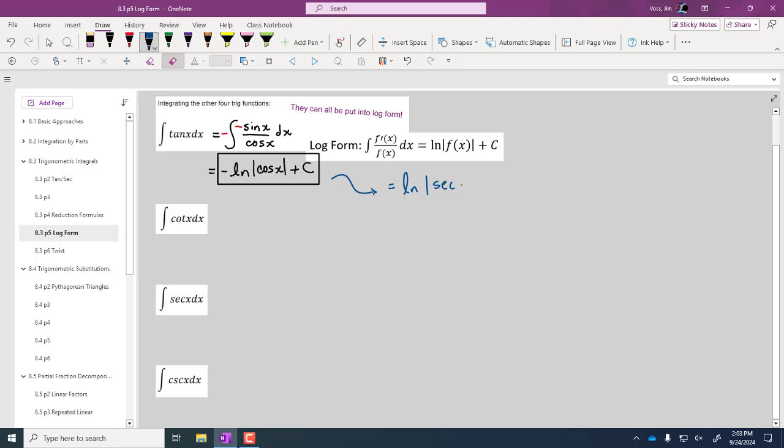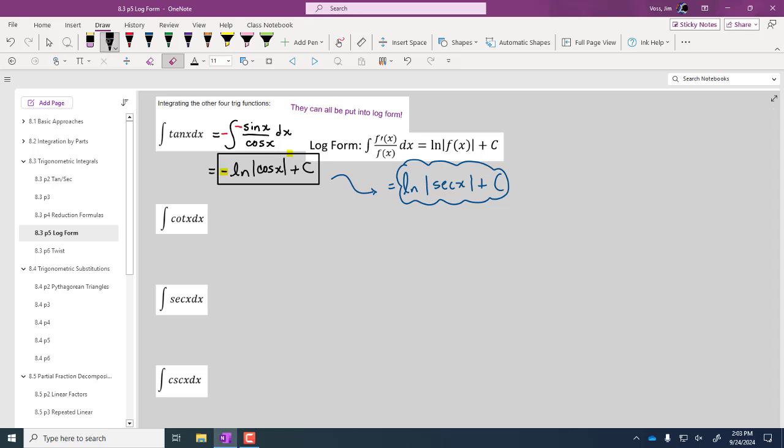So this is another form. Either one of these is totally fine. Doesn't matter. Both those are good. So you could write it that way.